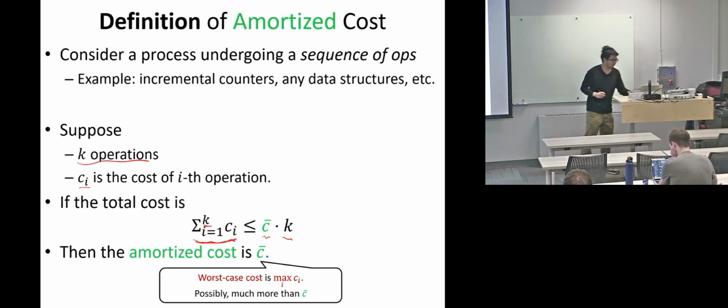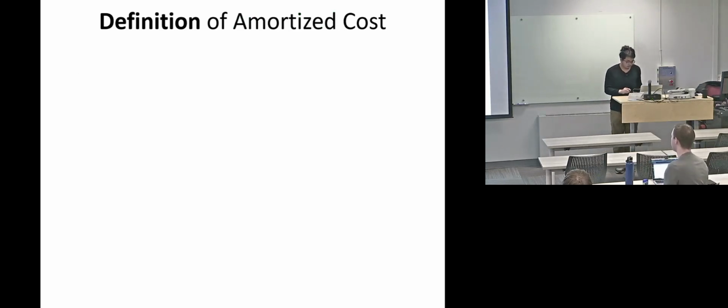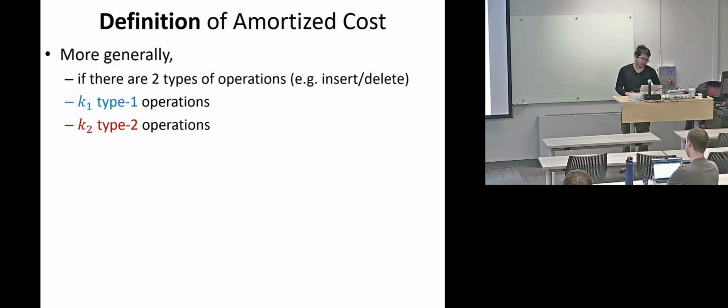Okay. And just more generally, there can be more than one type of operation. For example, there can be two or three and so on, like insert and delete. Let's say that there are K1 many type 1 operations and K2 many type 2 operations.